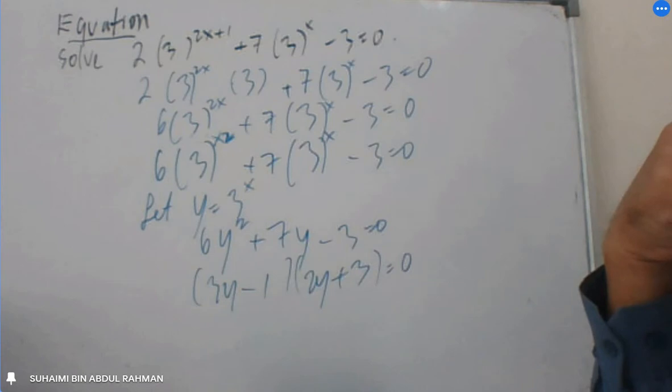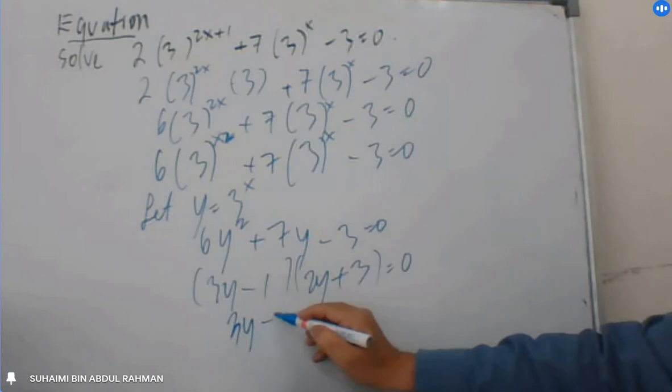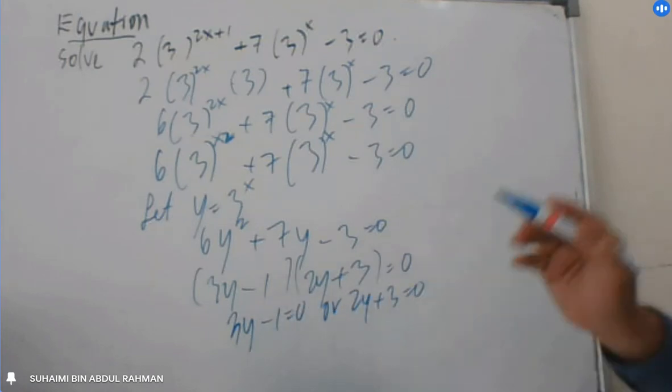Correct. So 3y minus 1 equal to 0 or 2y plus 3 equal to 0.